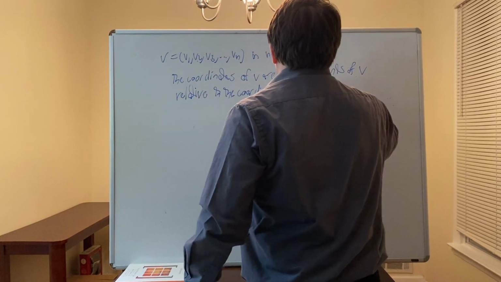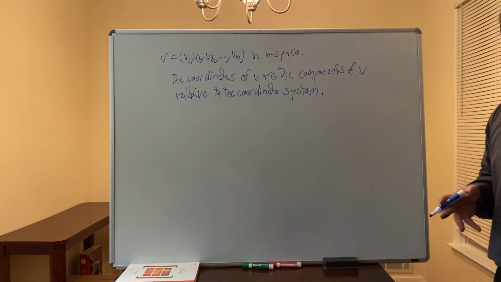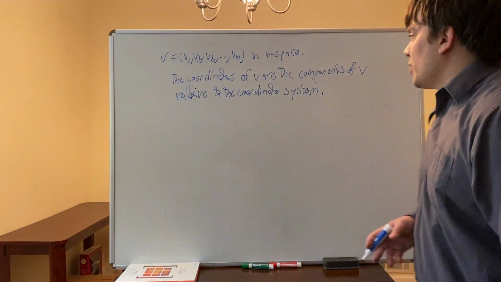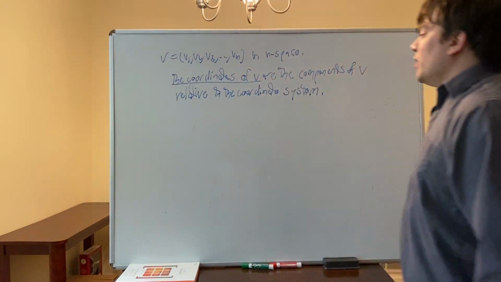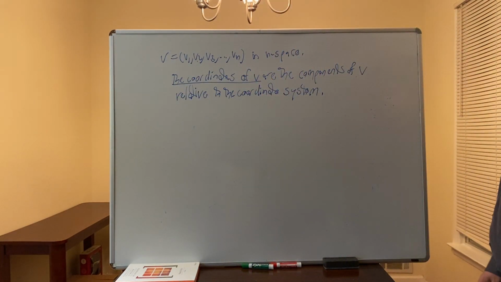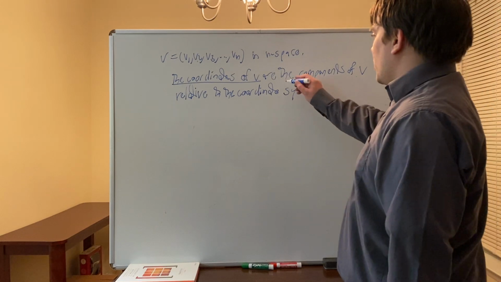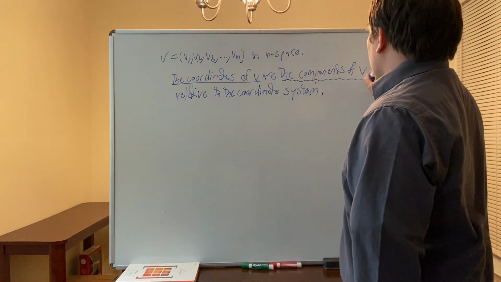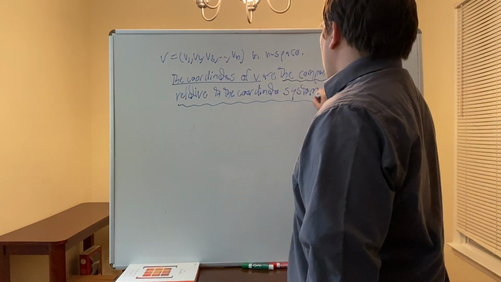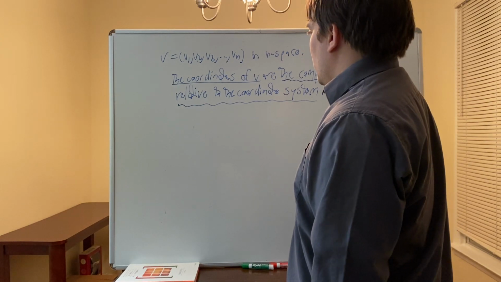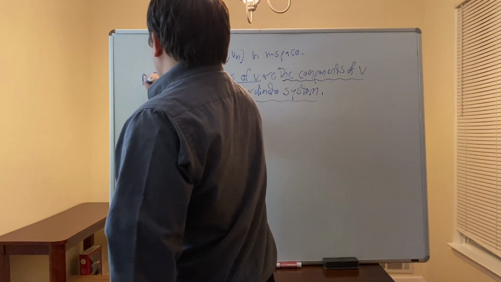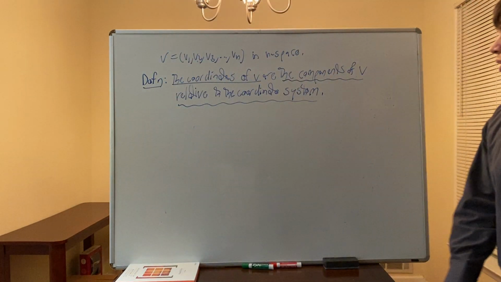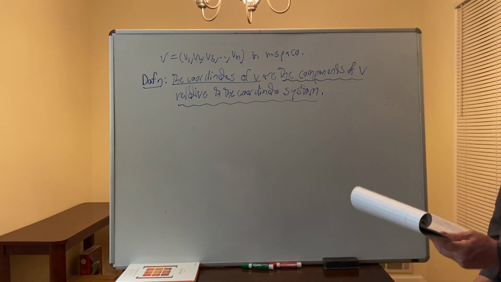We can change the coordinate system, which would change its components. But the coordinates of v are the components of v relative to the coordinate system that it's in. So I'll call this a definition: the coordinates of v are the components of v relative to the coordinate system.